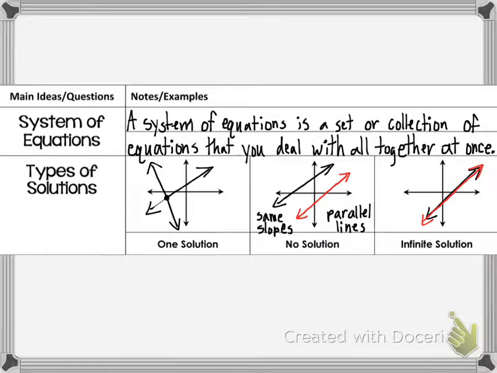So I have an infinite number of solutions. Does that make sense? Because once again, when we're solving by graphing, we're looking for the points at which they intersect. If they're intersecting everywhere, I'm not going to be able to list out every single solution because that's an infinite number. I'd be writing for the rest of my life. So you may want to make a note that says same line.